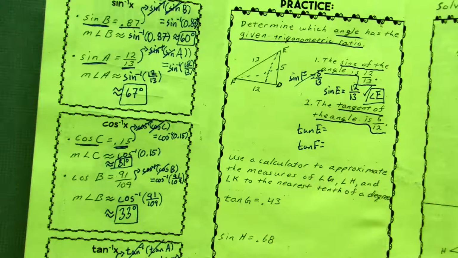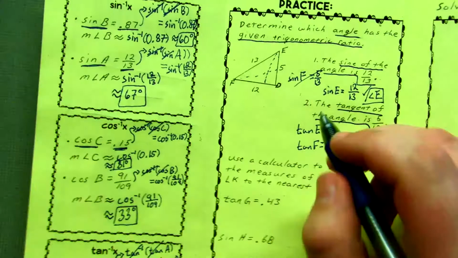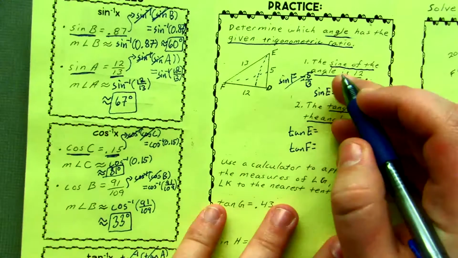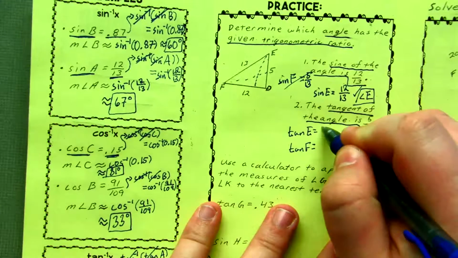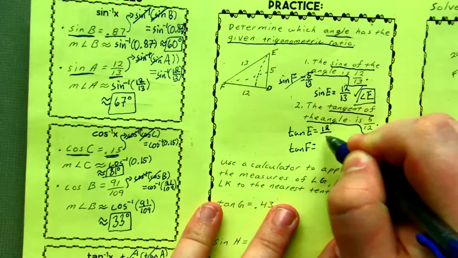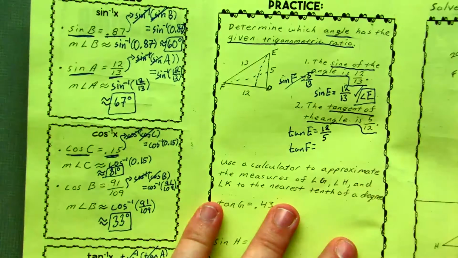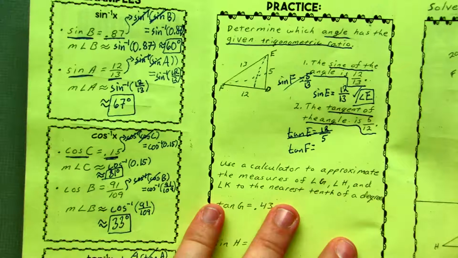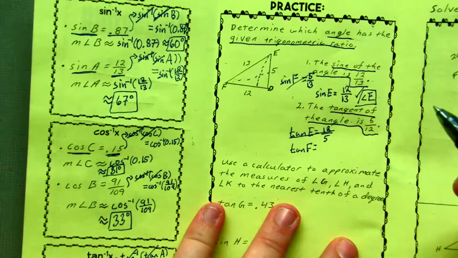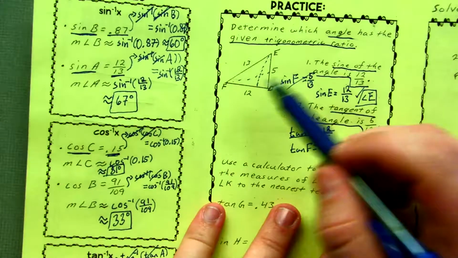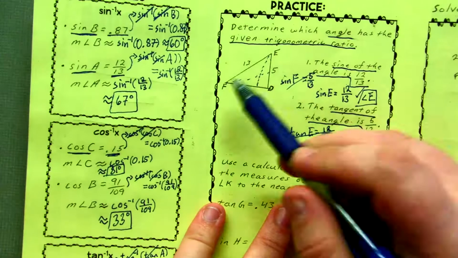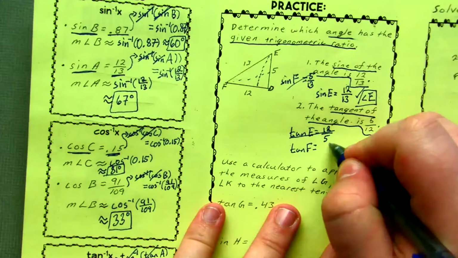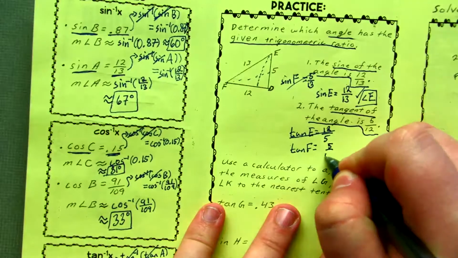Awesome. Okay. So I see a couple people in there with it. So yeah, if we calculate the tangent of E, we get 12 over 5. That's no good. We'll cross that one off. But if we calculate the tangent of F, we get 5 over 12.